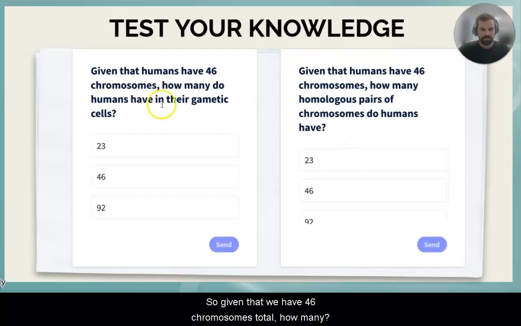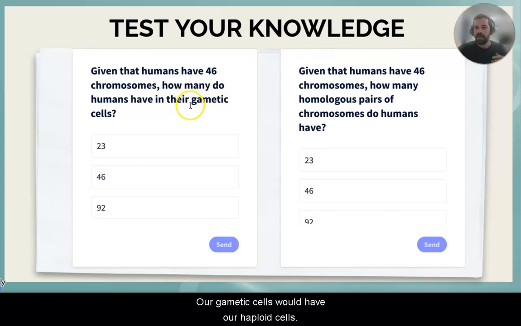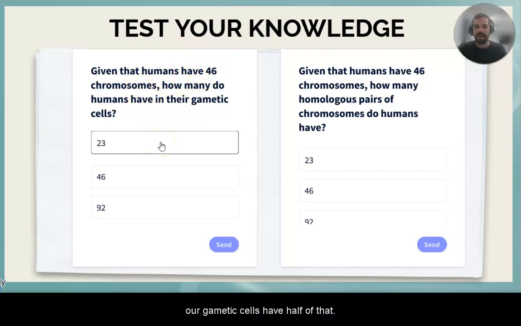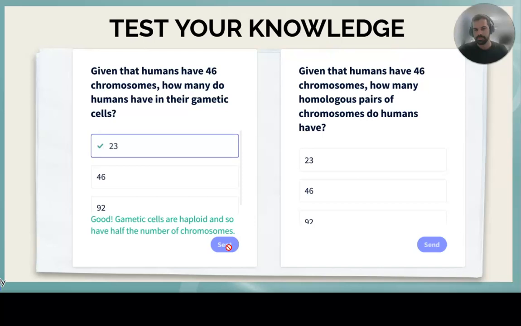So given that we have 46 chromosomes total, just thinking about the numbers here, our gametic cells would have our haploid cells, so they would have half the total number of chromosomes in our diploid cells because we are diploid organisms. Our gametic cells have half of that. So each of our gametes will have only 23 chromosomes.